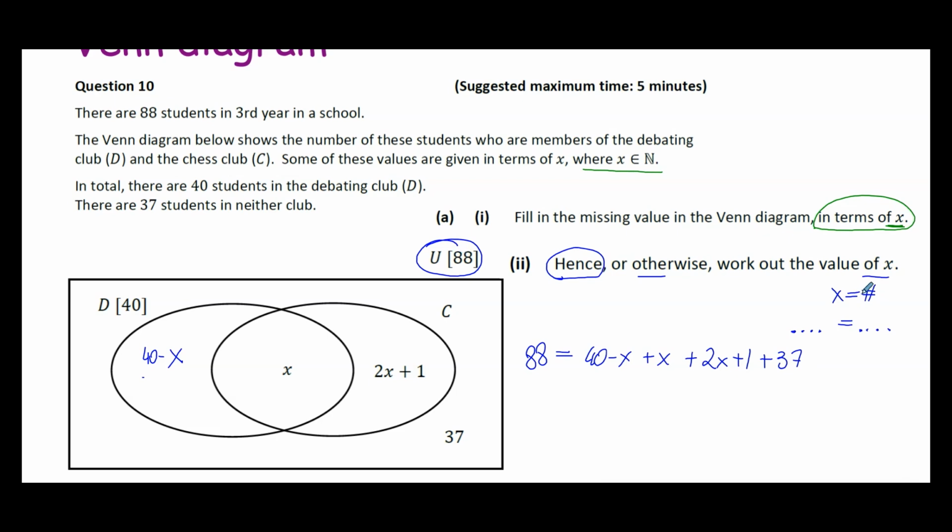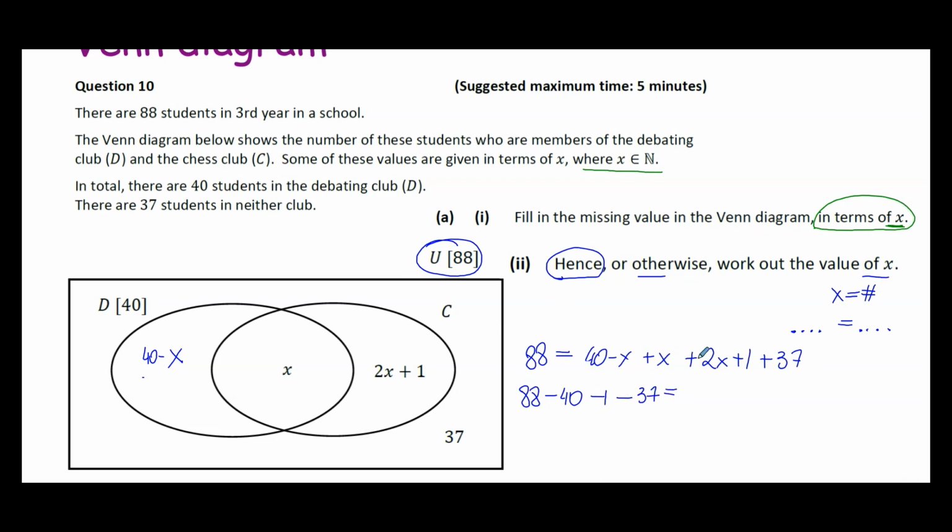So now I have created an equation with x and the numbers on two sides. So how do we solve that? We want x on one side of the equation, numbers on the other side. Here I have 88, then that 40, I move to the other side, I change the sign. Then I have 1, move to the other side, change the sign. 37, move to the other side, change the sign.